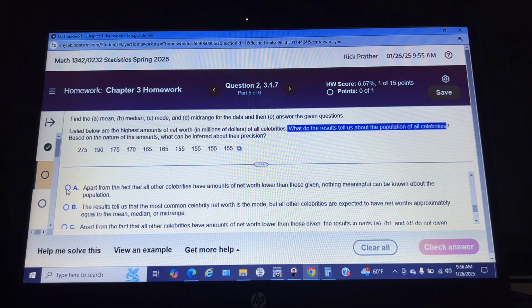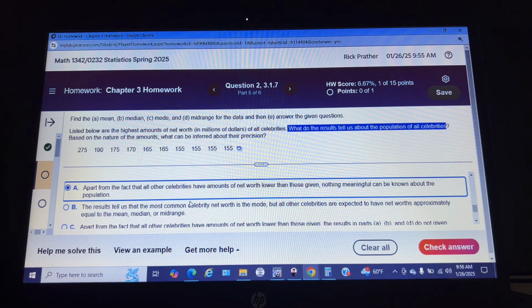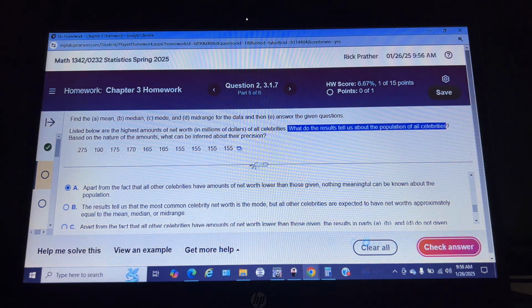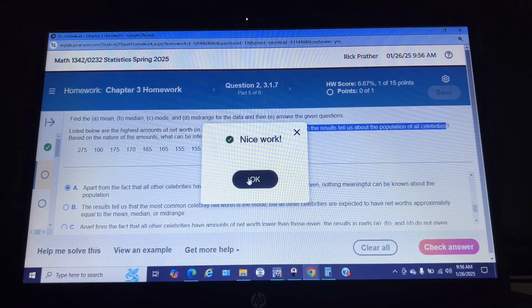So it might be this A, just because that's the idea, is that they're only looking at the 10 richest celebrities. So you can't really know anything about the rest of the population. You just know that they all have lesser net worth, but you can't figure anything out about what's typical among them. So this one should be A because of that fact.